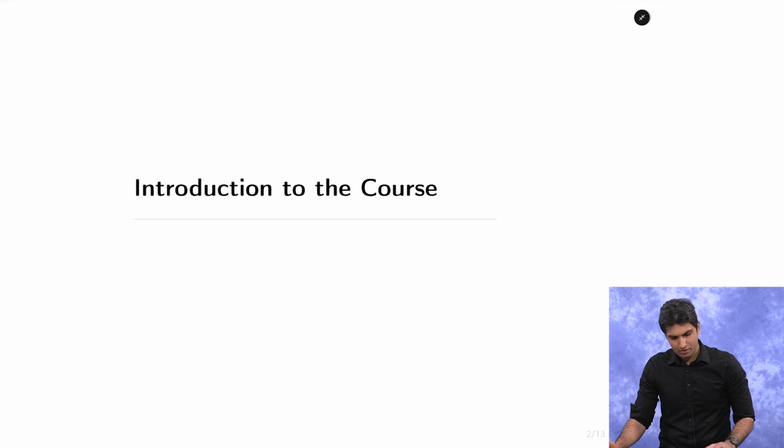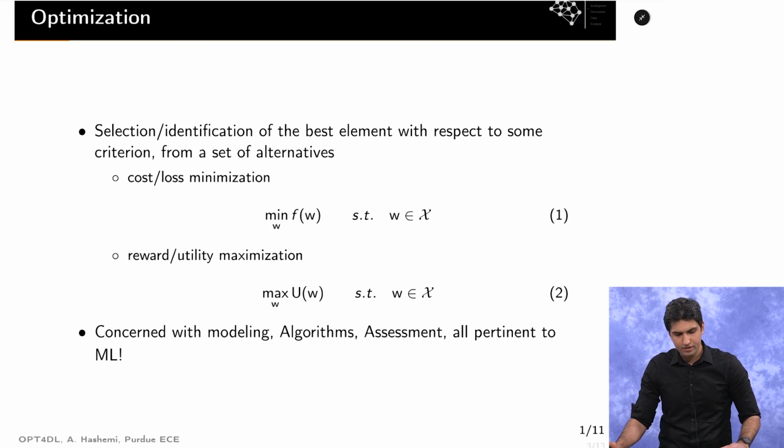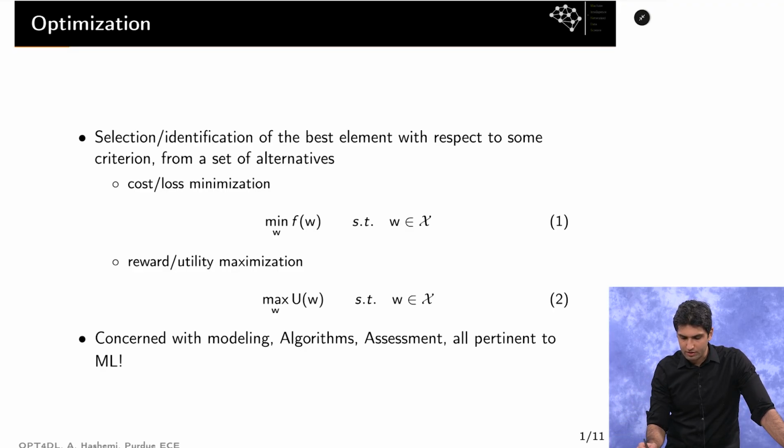All right, so introduction to the course. As I mentioned, the first keyword that we have is optimization, and by that I mean mathematical optimization. What's the goal of optimization? The idea at a high level is that we want to select or identify the best element, let's say, from a set of alternatives, with respect to a criteria.